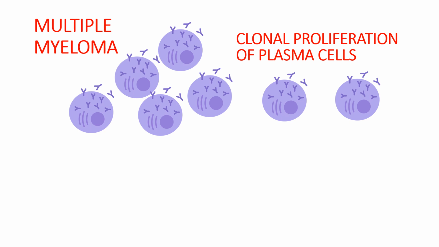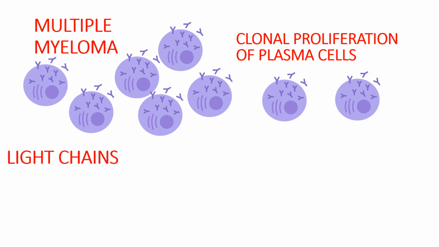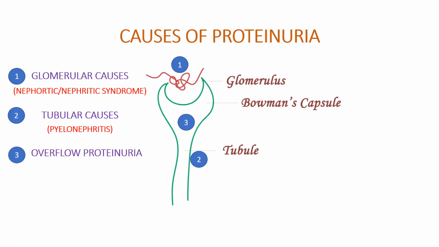What is the function of plasma cells? Plasma cells produce antibodies. Antibodies are immunoglobulins which contain a light chain and a heavy chain. Here in multiple myeloma, they produce a lot of clonal light chain, whether it's kappa or lambda. Let's forget kappa and lambda and just focus that there are a lot of light chains produced by the plasma cells.